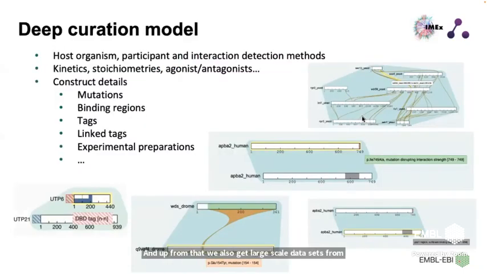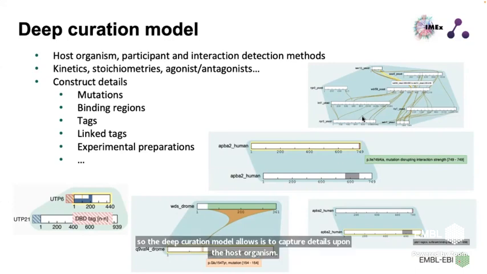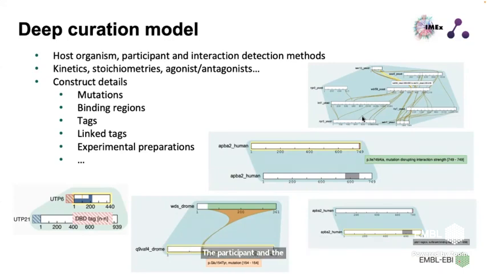Okay, so the deep curation model allows us to capture details on the host organism, the participant, and the interaction detection method, and also details on the binding kinetics, the stoichiometry data, and external influences like agonists and antagonists, which do not actually participate in the interaction, but are present in the external environmental setup, and are known to influence the interaction outcome.